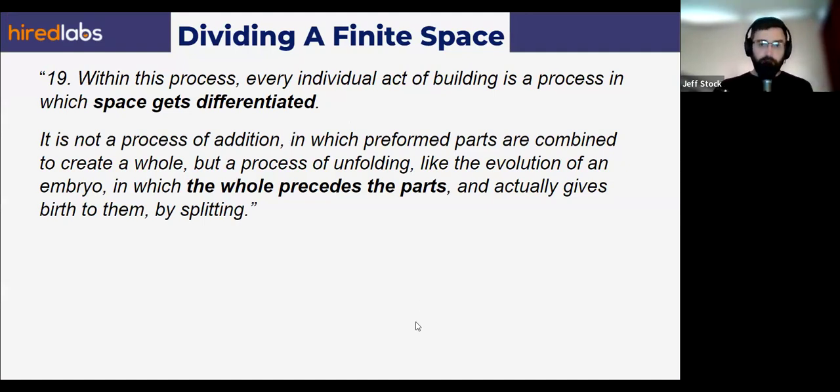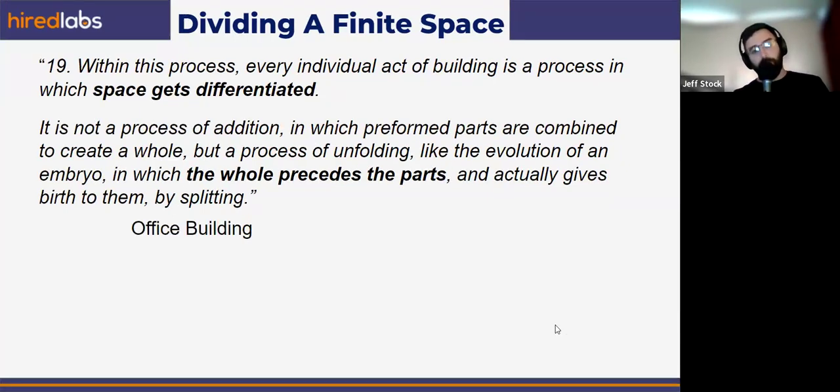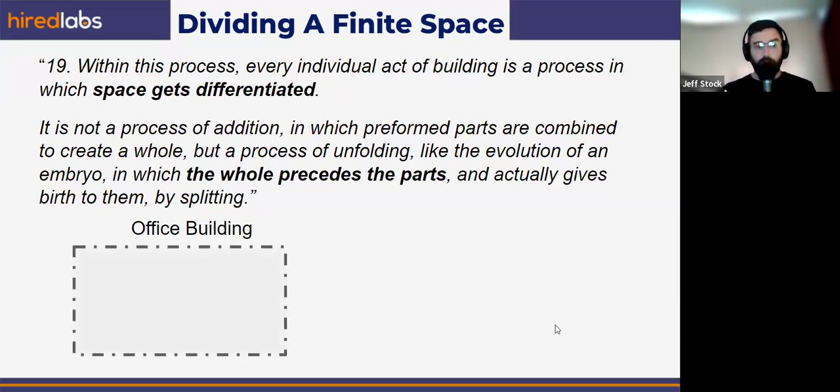To give you a visual of that, I'm going to break this slide up into different parts. Imagine he is talking about building an office building. You have a plot of land, this rectangle here. Outside of this space is the city, the sidewalk, the roads, everything not within the plot of land that you can use to build and design.